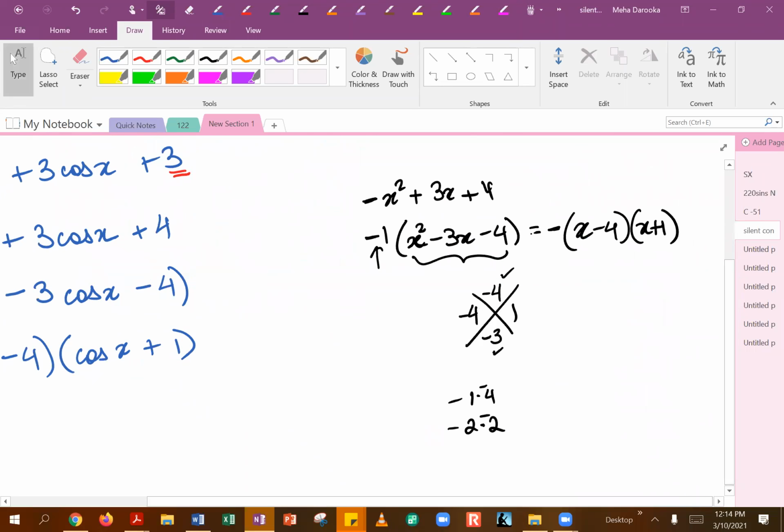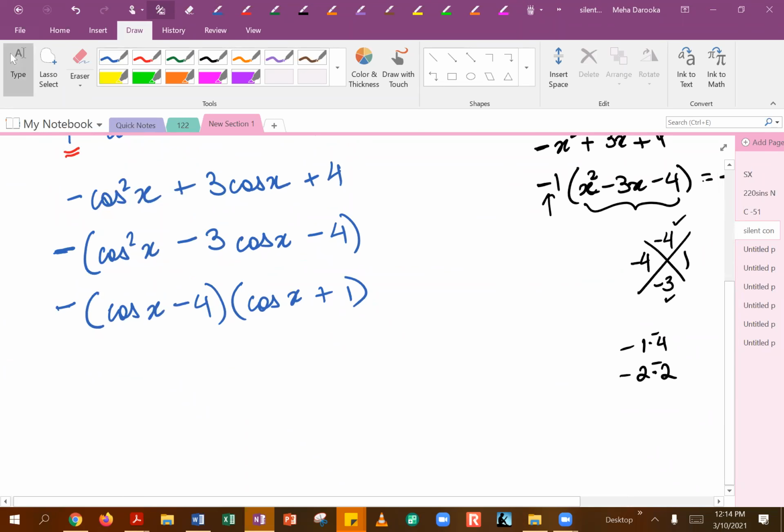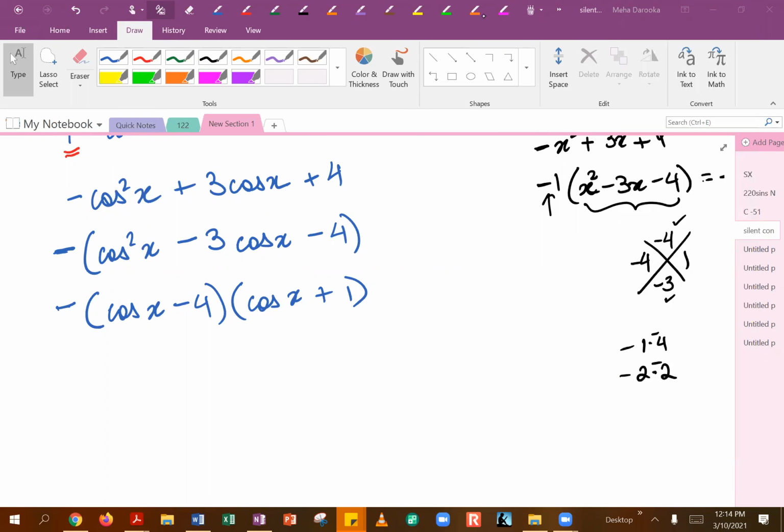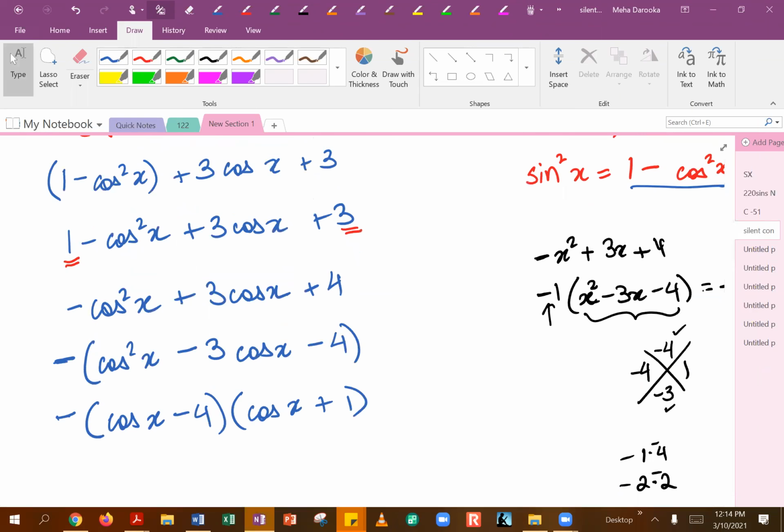So literally just using the same expression here, but instead of x, we're using cosine of x. So take a minute, look at this, and see what questions are popping up in your mind.